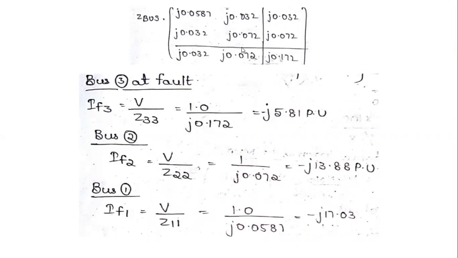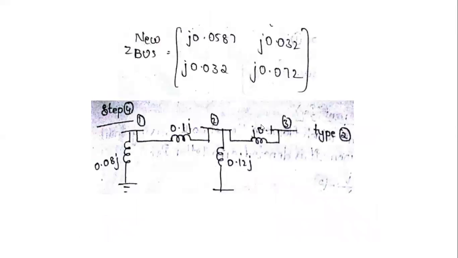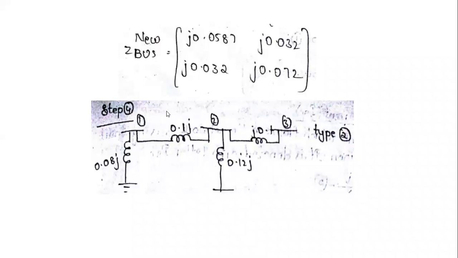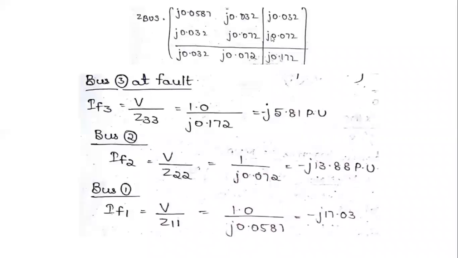What is the ZJJ? J 0.072 plus, which element are we adding? J 0.1. J 0.072 plus J 0.1, then we obtain J 0.172. This is the Z bus matrix after completing the step 4, or after adding all the elements in the network. This is the final Z bus matrix.